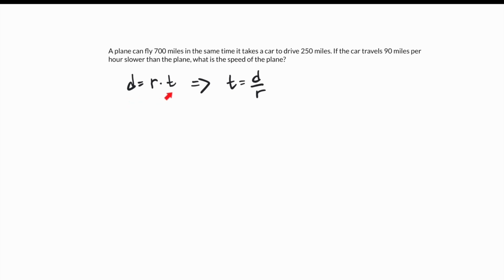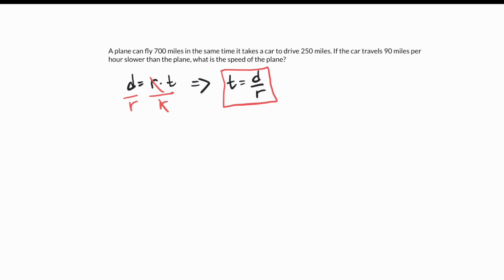All you have to remember is that distance equals rate times time. And to get time by itself, you would simply divide both sides by r. And that results in t equals d divided by r, which is the same thing I have here. So we will be using this variation of the formula for this question.